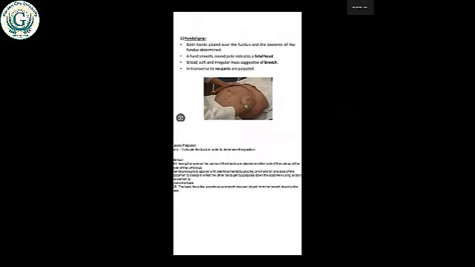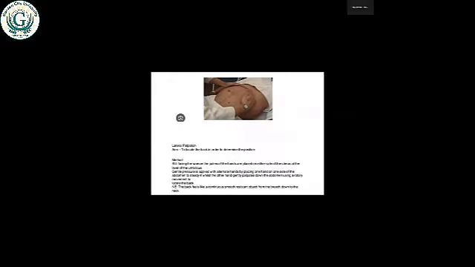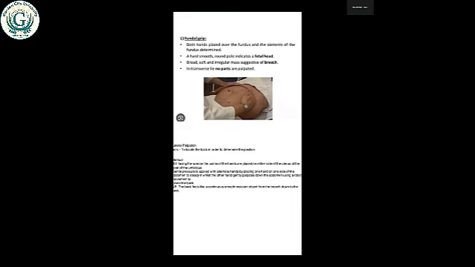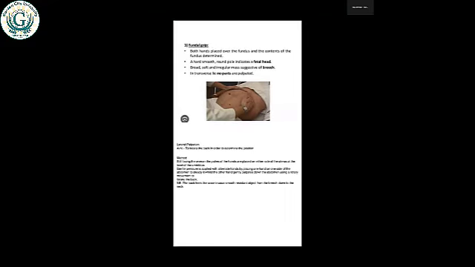A broad, soft, and irregular mass suggests a breech. So as you're doing it, if you locate a part that is broad, soft and irregular, it is showing that it is breech. In transverse lie, no parts are palpated. So with the transverse, you are not going to find any pole. Please, I'm done.